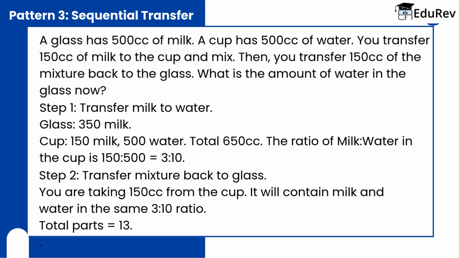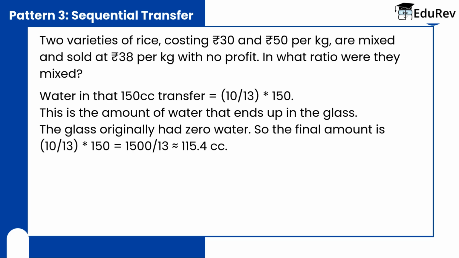Total parts, 13. Water in that 150 cc transfer is 10/13 times 150. This is the amount of water that ends up in the glass. The glass originally had zero water.